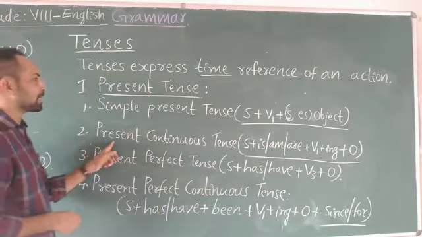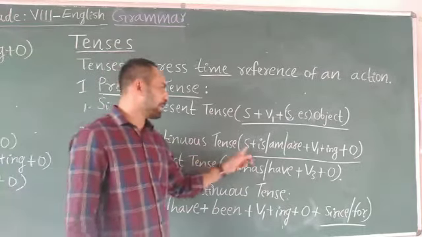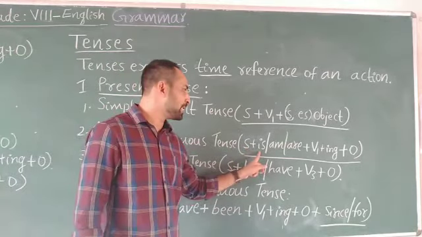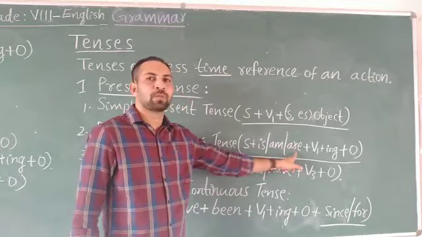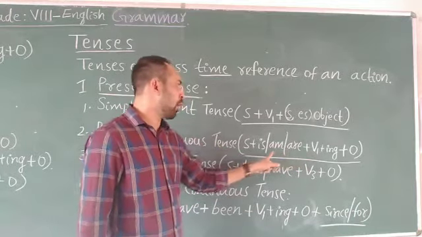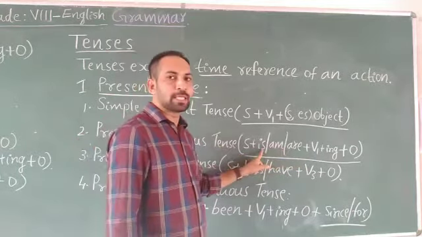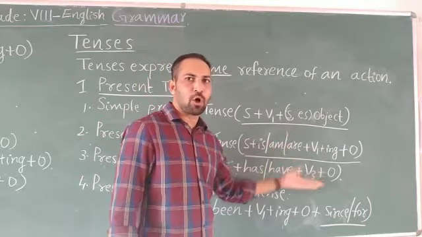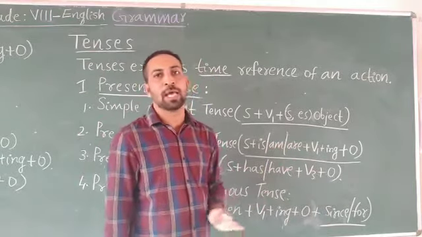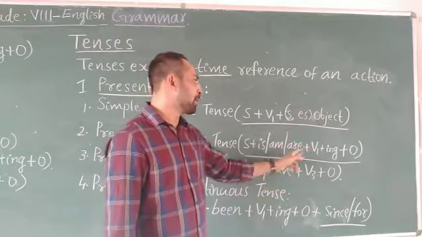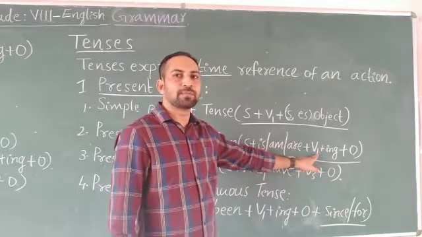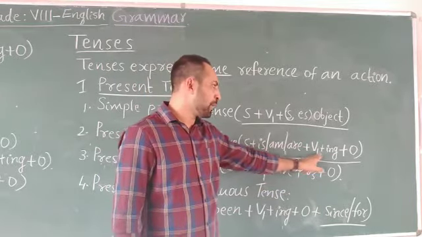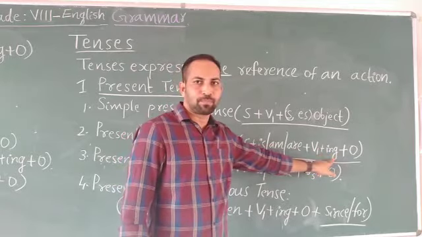Next, present continuous tense. The rule is subject plus is, am, are. These are auxiliary verbs, or supporting verbs, or helping verbs. Plus V1 plus ing form.